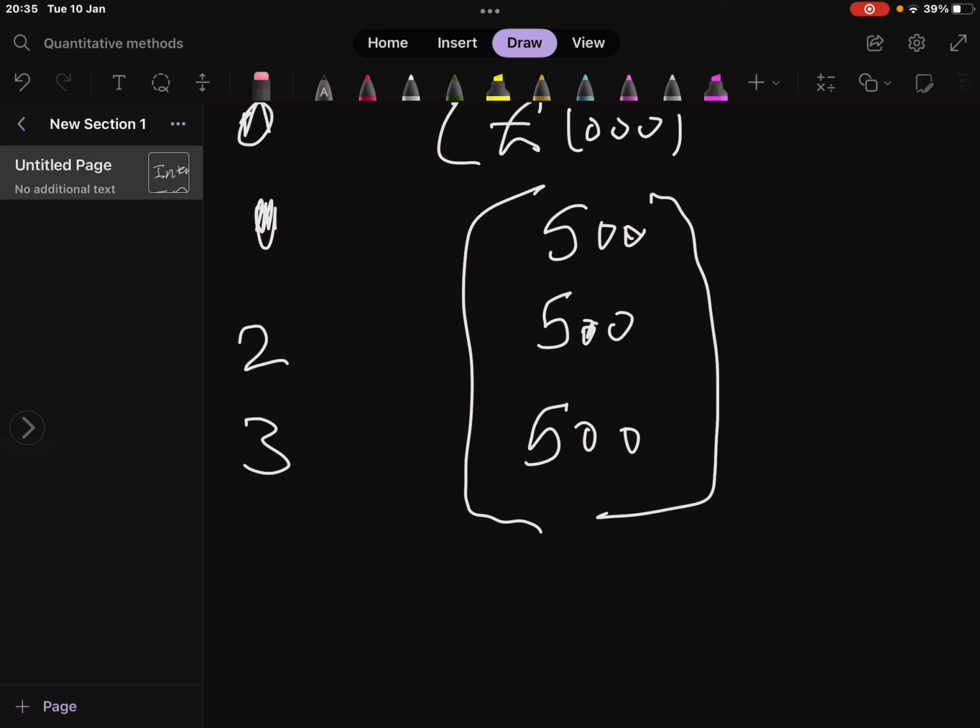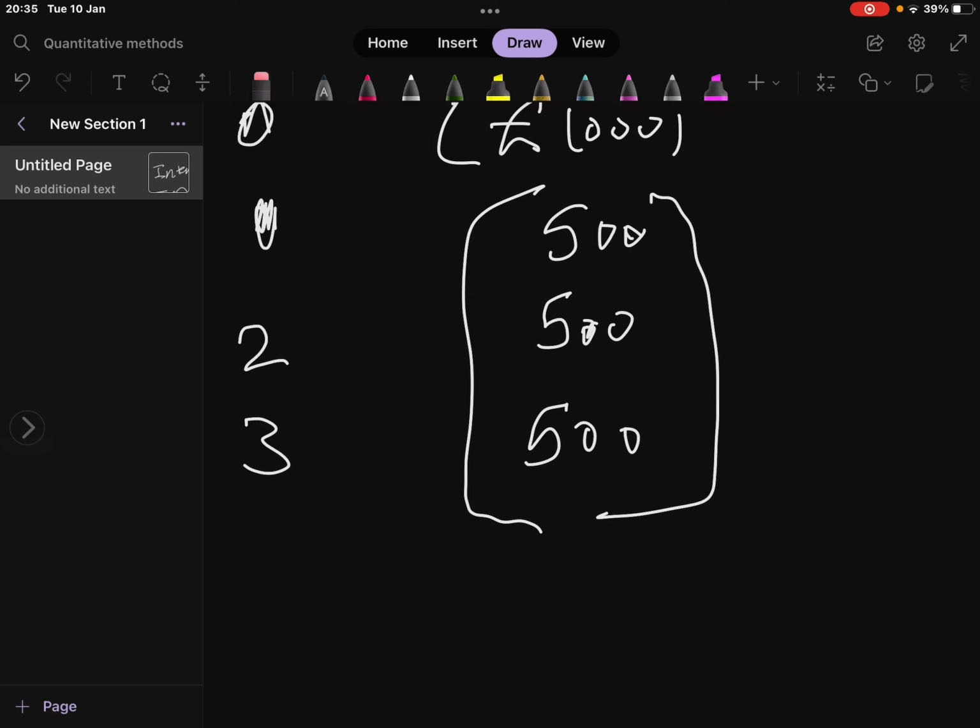That is quite simple. So we will go with the calculation: 500 times (1 minus (1 plus 10%) to the power minus 3) divided by 10%.